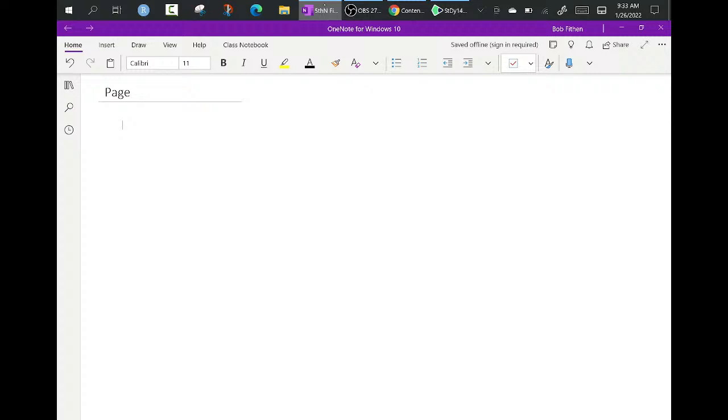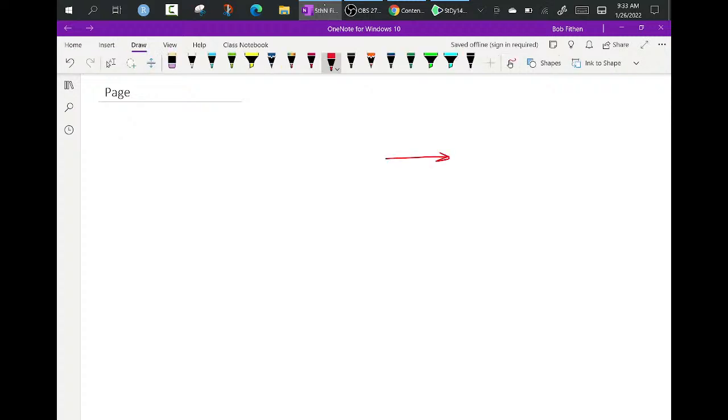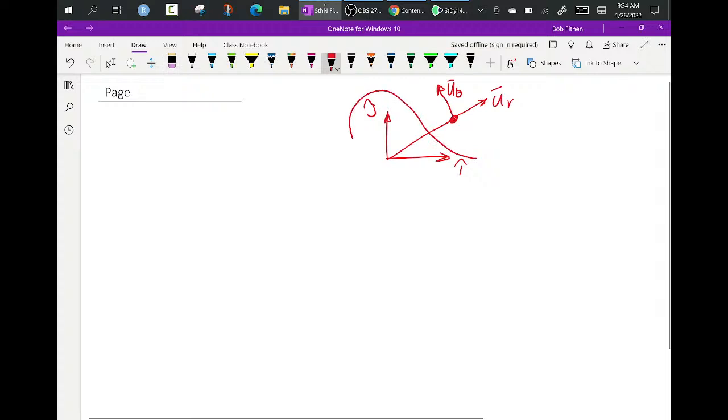And the reason I'm doing this is because it's beneficial when you're moving things around between coordinate systems. So let's say you had an I and a J, and you had a marble sitting here, and you had UR and U theta. Now, these move, change direction. The I and the J do not move.